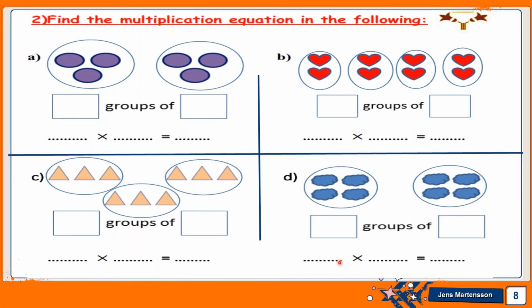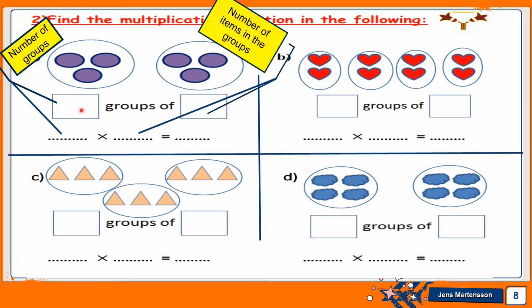Another exercise. Here we have how many groups? Do you see? 1, 2. So here we have 2 groups. We will write first the number of groups. Then we will write here the number of items.